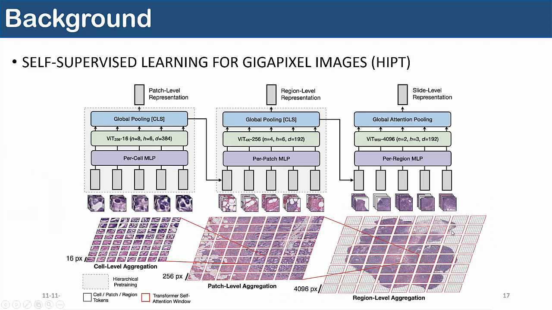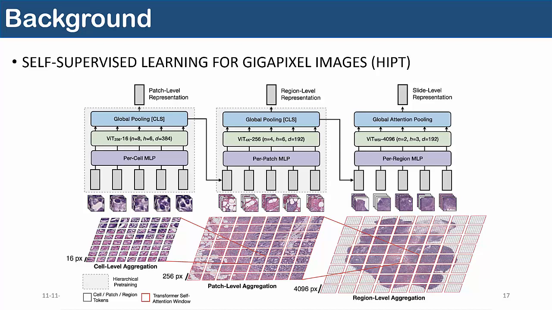Then there is self-supervised learning for gigapixel images. It is motivated somewhat by the hierarchical representations in natural language processing, where you can imagine this big picture as the paragraph. From the paragraph you extract sentences, from sentences you extract words, and from there you extract the letters, and then you try to find the features in that particular order in order to make your algorithms learn.